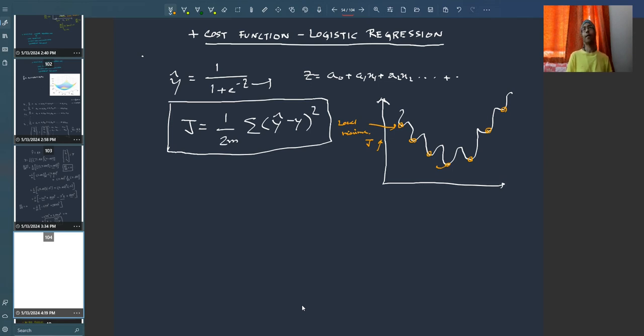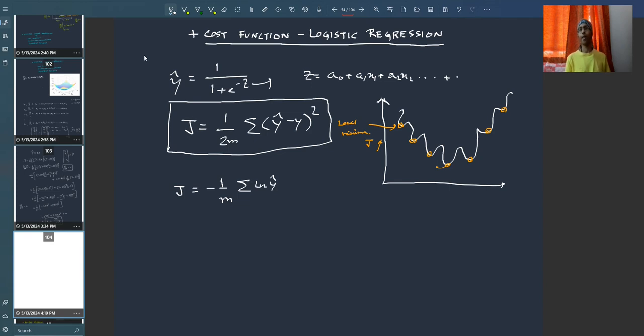How do we do that? We use a different kind of equation. So we use this equation: J, or cost function, is equal to minus 1 by m sum of natural log of y hat. This is the modification we do.